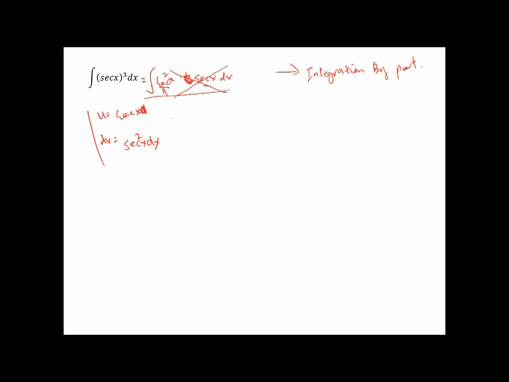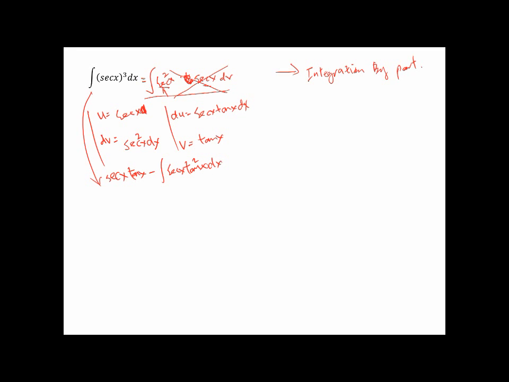So du is going to be secant x tangent x dx. v is simply tangent x. Apply the formula uv: secant x tangent x minus the integral of the new column, which is secant x tangent x squared dx.